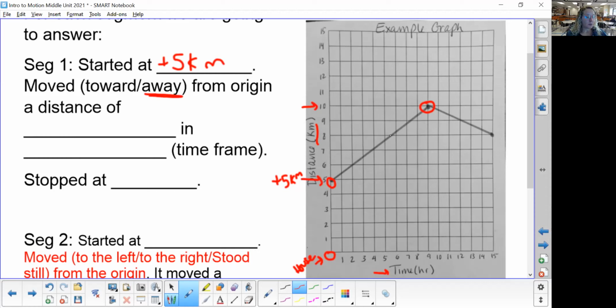From this point to this point, that object moved, and we follow the y-axis, position went further away from the reference point, the 0, 0. How far did it move? Well, it's the change in y. So for this first segment, it started at 5 and ended at positive 10.